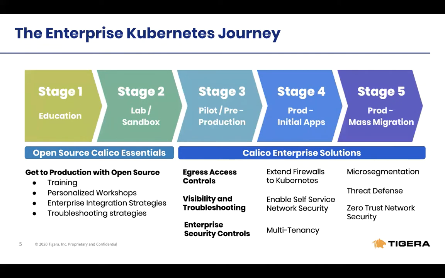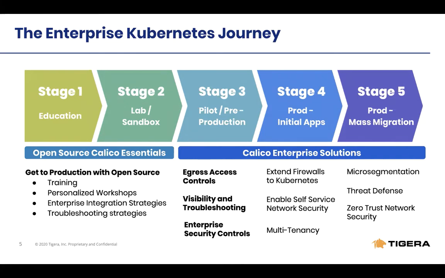And then, the other piece of this, as you get further along, that's where Calico Enterprise and some of the additional capabilities that we have within the product can really help you with some of these use cases that you see over to the right.